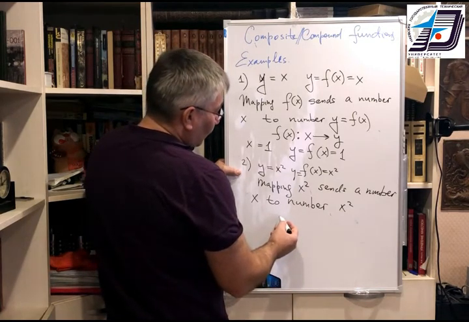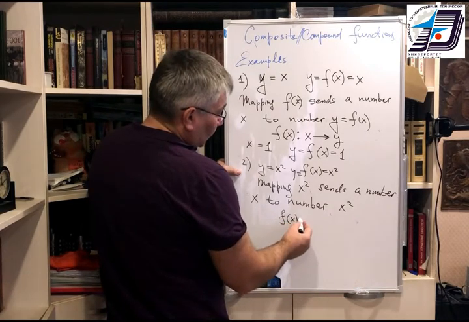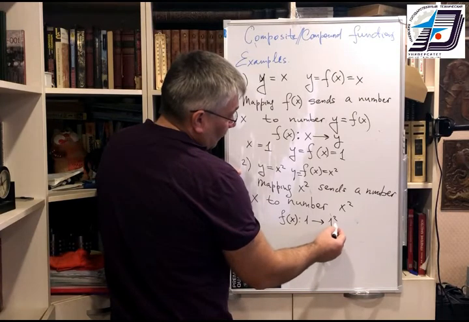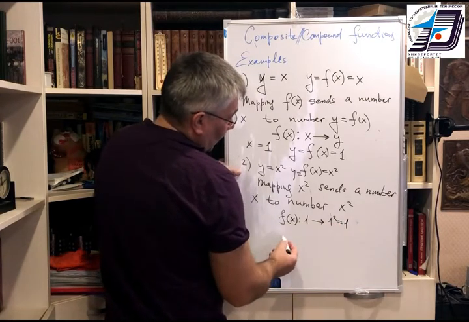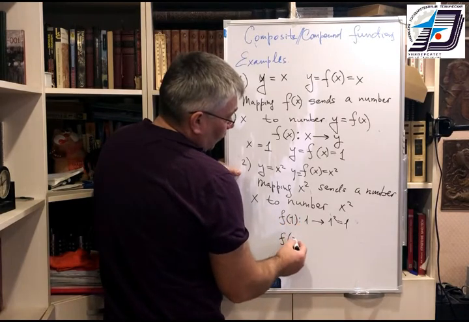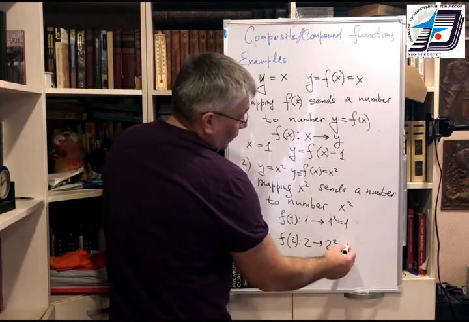So for example, f of x sends 1 to 1 squared, which is still 1. F of 2 sends 2 into 2 squared, and it is 4.